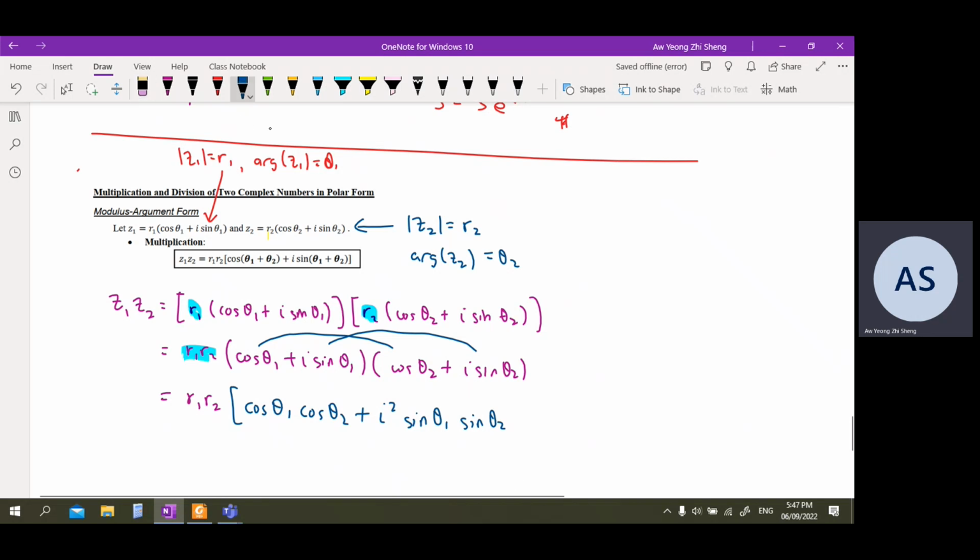Right. Now, the other two combinations, this and this combination, will give me the term that contains i. So I also group them together. I have the outer combination giving me i cos theta 1 sine theta 2, and the inner combination gives me i sine theta 1 cos theta 2.